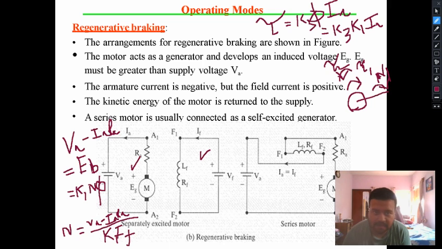So initially it is equal to tau 1, which is equal to k3 k1 IA.